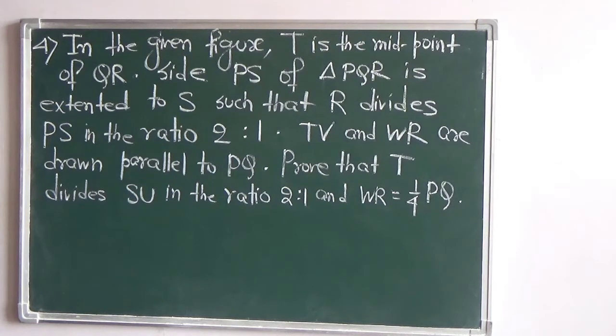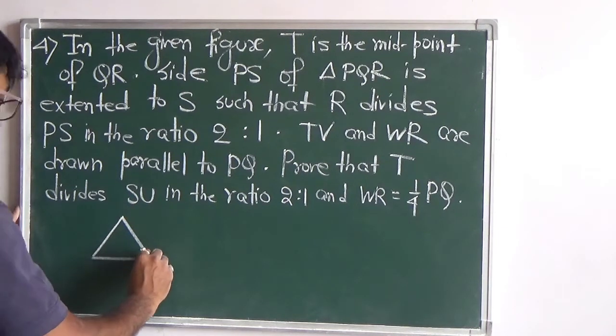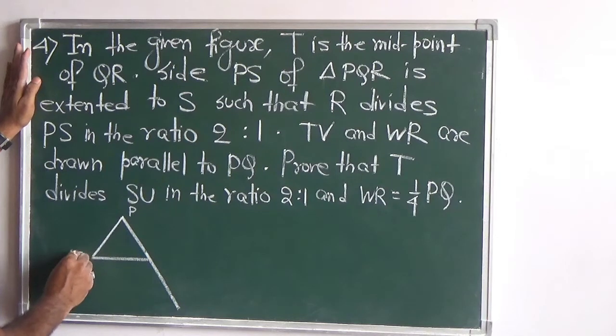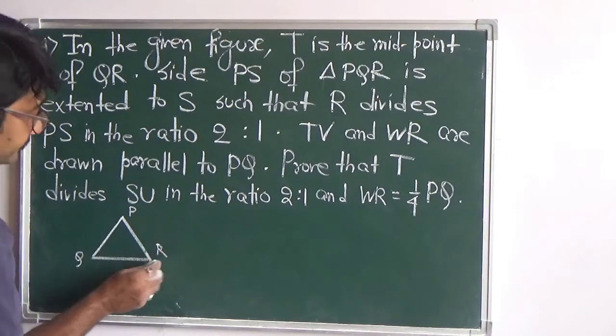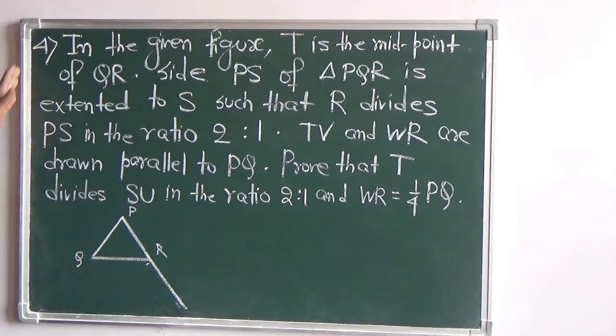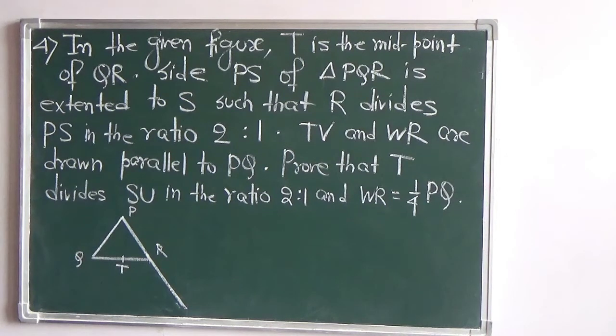Now let us first draw the given figure. The triangle, we can name it as PQR. This is P, this is Q, and this is R. T is the midpoint of QR. So here we have to mark T, which is the midpoint of QR. Side PR of triangle PQR is extended to S such that R divides PS in the ratio of 2:1.